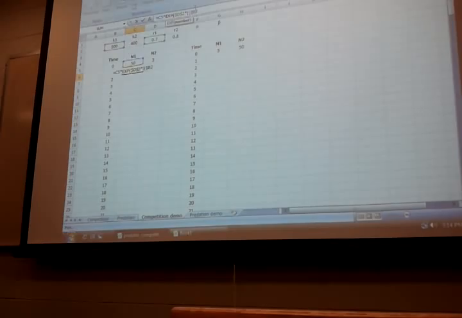Add $ signs to keep it constant. Then subtract the previous time step's population. And then you subtract the impact of species 2 on species 1, keep that constant, times the number of species 2. And all that is divided by the carrying capacity. So you should keep everything constant except for the population levels, where they appear in the equation.